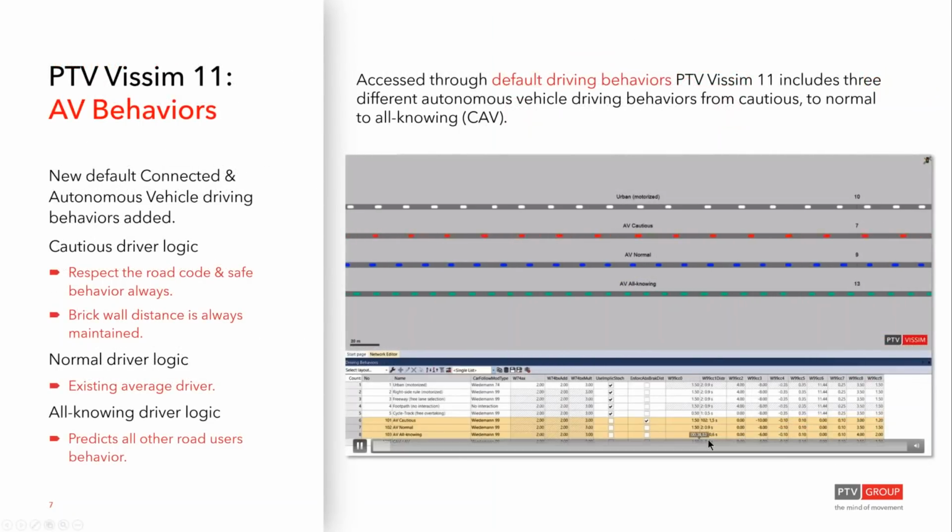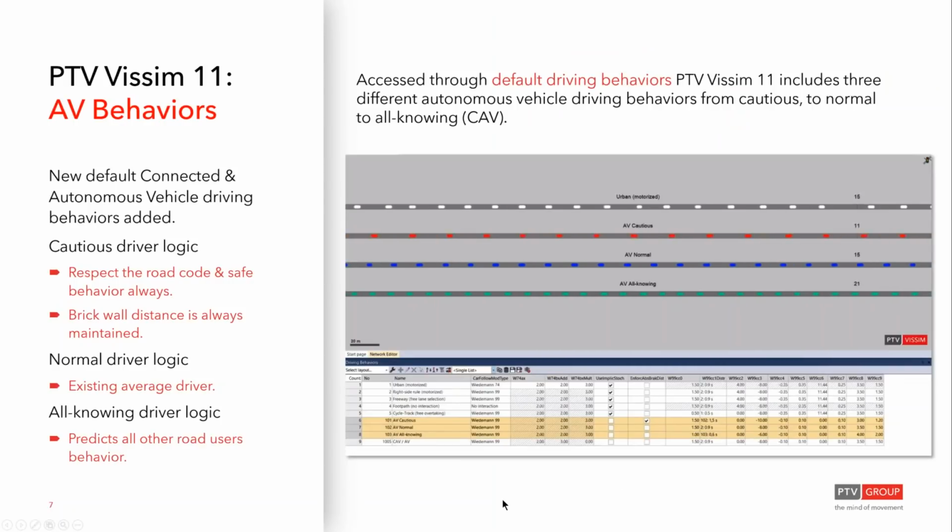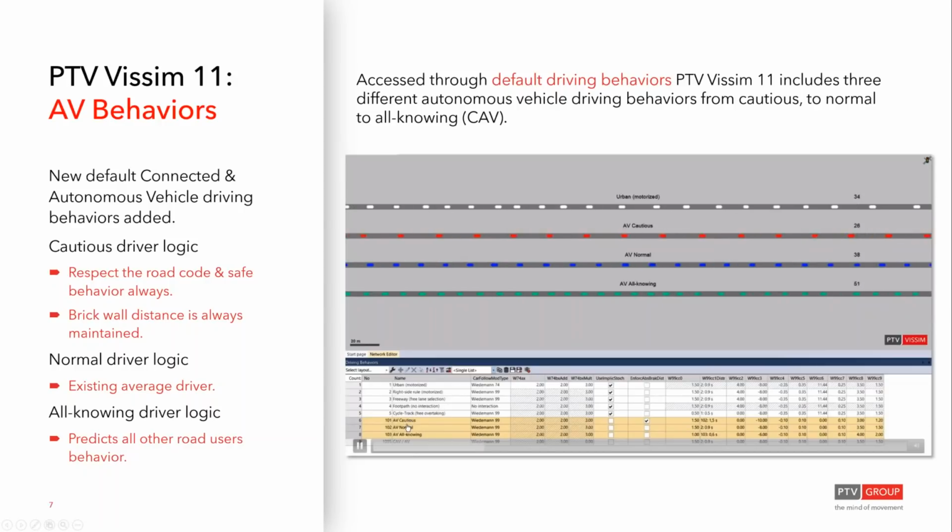First, I would like to mention that in the defaults of PTV Vissim 11, there are three new driving behaviors: cautious driving logic, AV cautious as you see here, AV normal, and AV all-knowing. The cautious ones keep a larger headway compared to human drivers today.